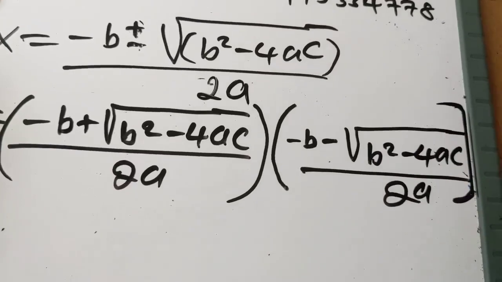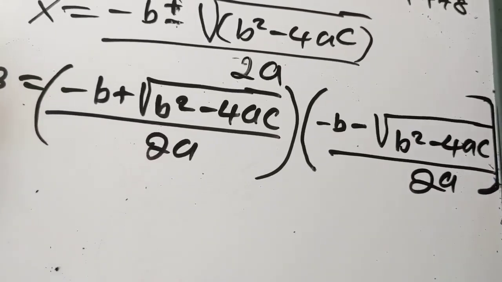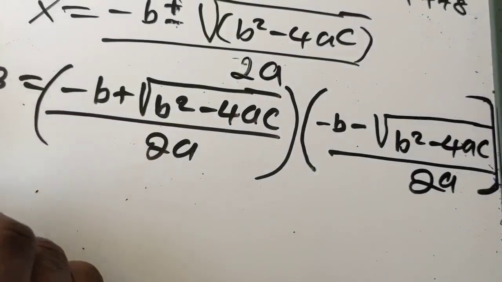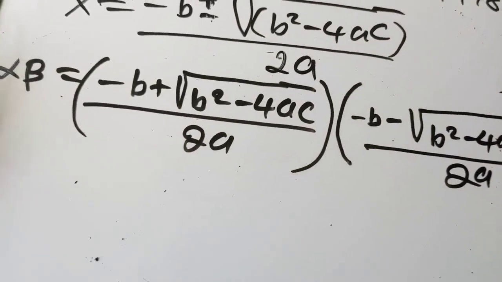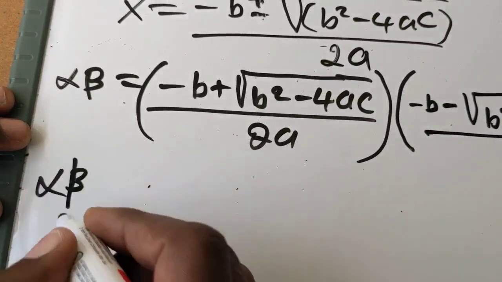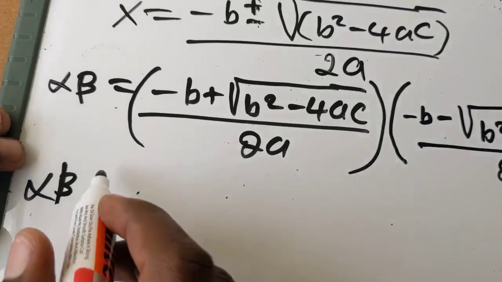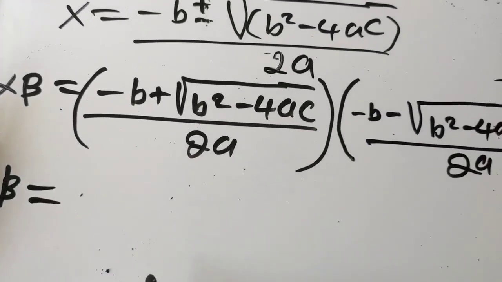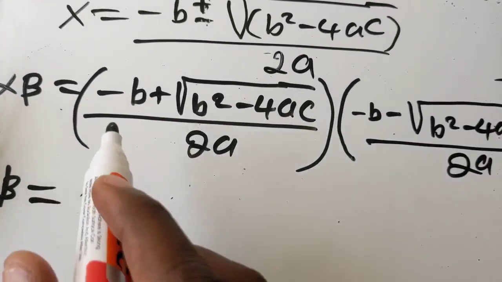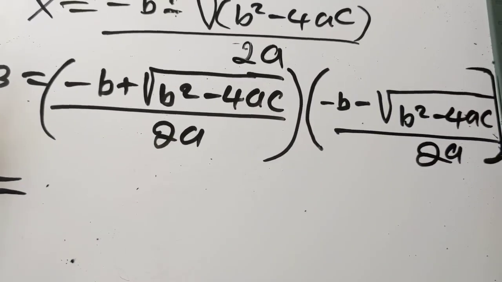So we are multiplying like that, okay? So now this is alpha beta. Here, you are multiplying bit by bit, step by step.